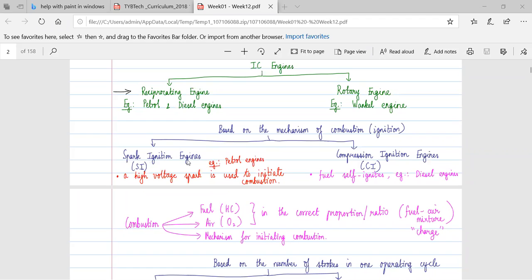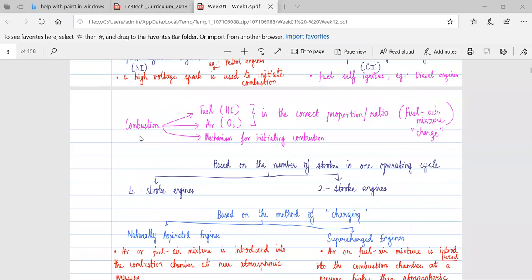In a spark ignition engine, a very high voltage spark is used to ignite the combustion, like in a petrol engine, whereas in diesel engines, compression ignition is used. That means a large volume is taken inside the combustion chamber, and then a very small spark can be used to combust these two.